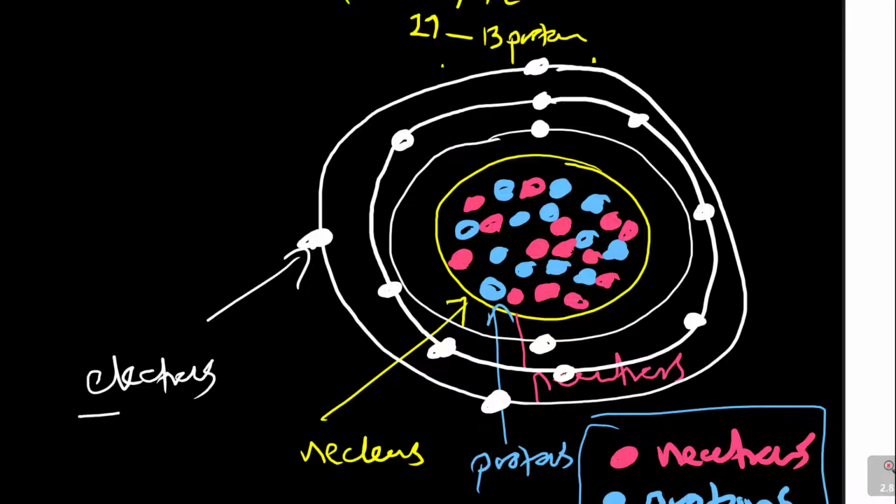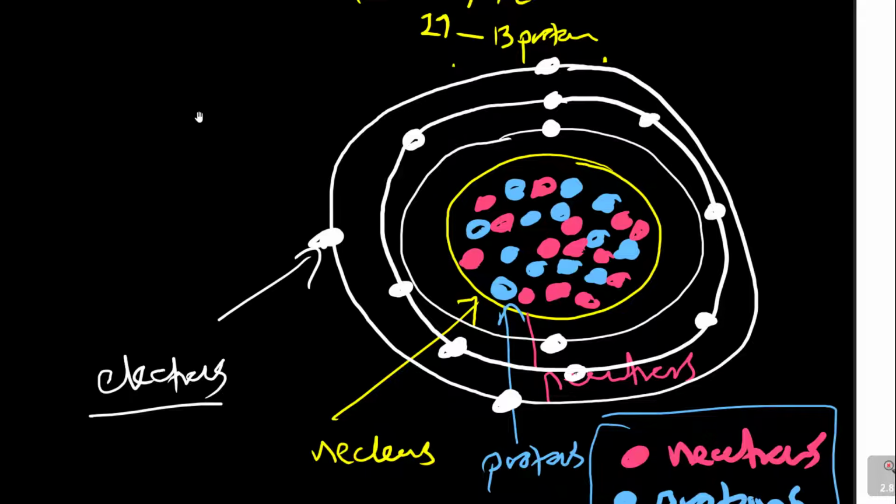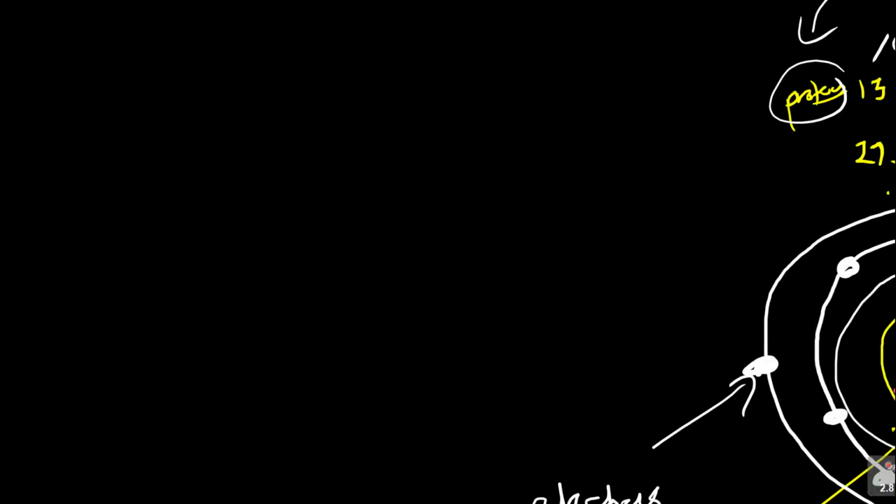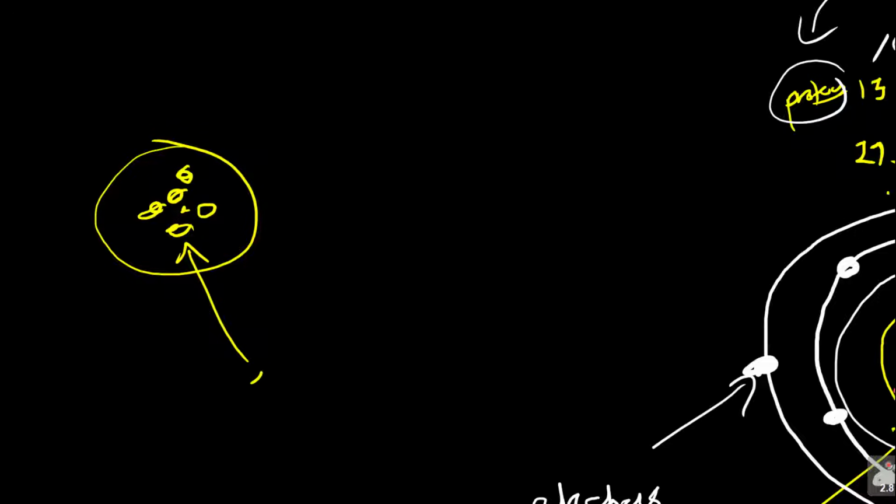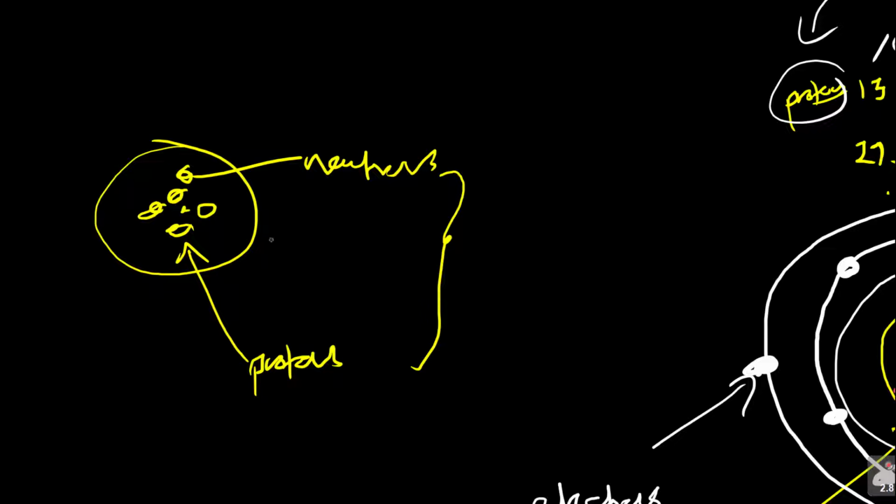If you can't sketch this, if you're confused with this, they will even give you a mark if you do this in an exam with a pencil. You say in here protons. This is when we are allowed to do that. And then you say here neutrons, and this you label the nucleus.